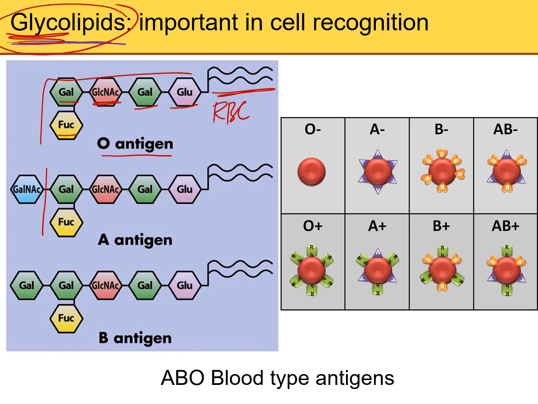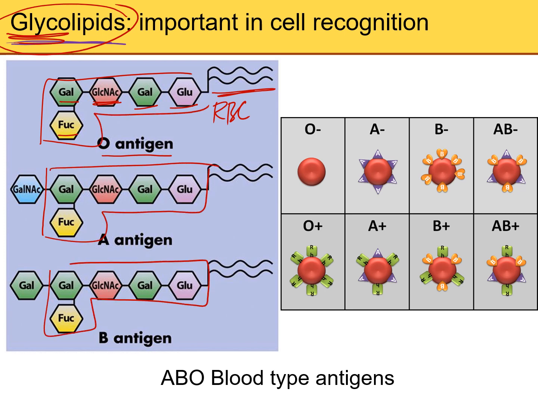So these 5 are shown here, and all of them, A, B, AB, and O, have these 5, but you have changes. You have this part here. So you have N-acetyl-galactosamine or simply galactose. If anybody's interested, we can talk about what N-acetyl means, but I'm not going to ask you to memorize that. And this again shows you the importance of carbohydrates for cell recognition.